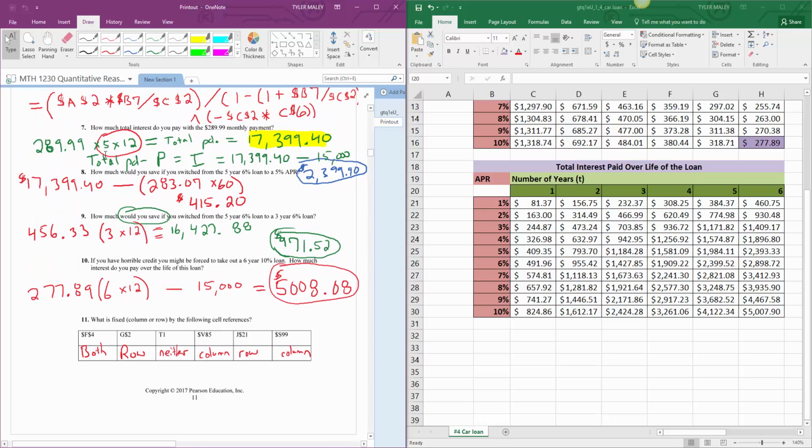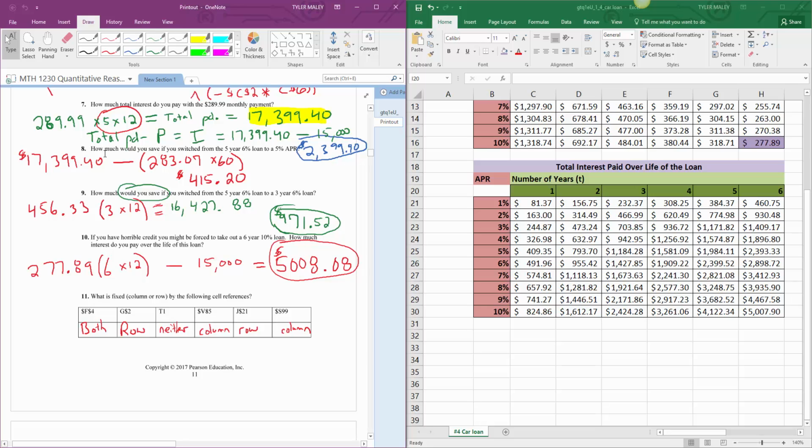It says, how much would you save if you switched from the 5-year 6% loan to 5% APR? Now this is much easier to work with if we match up 5 years at 6% interest. So I'll fill this in as yellow. That would be this box.